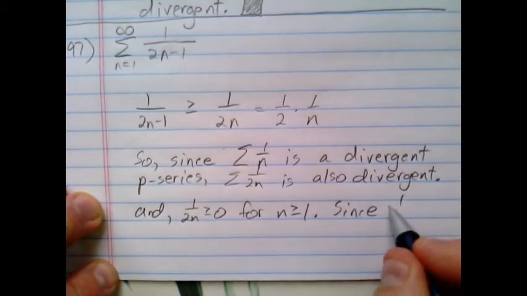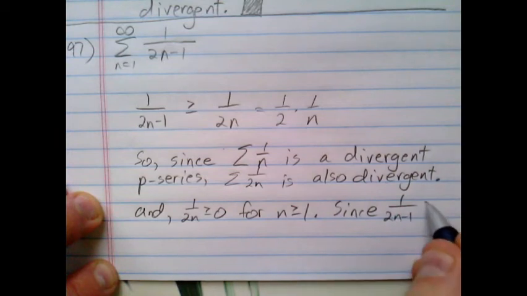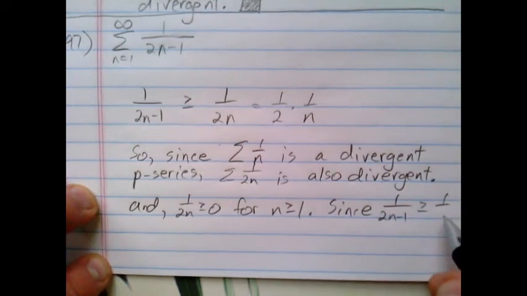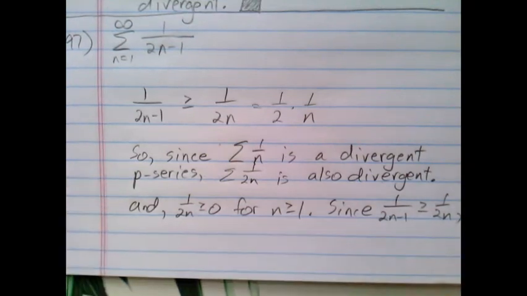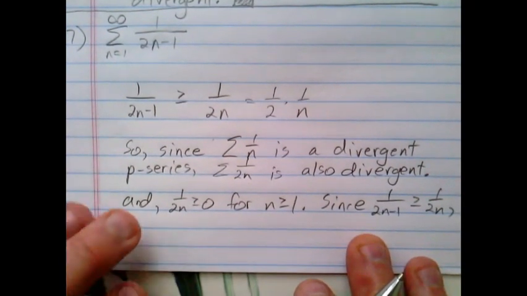And then since 1 over 2n minus 1 is greater than the nth term of a divergent series, we can use the comparison test.